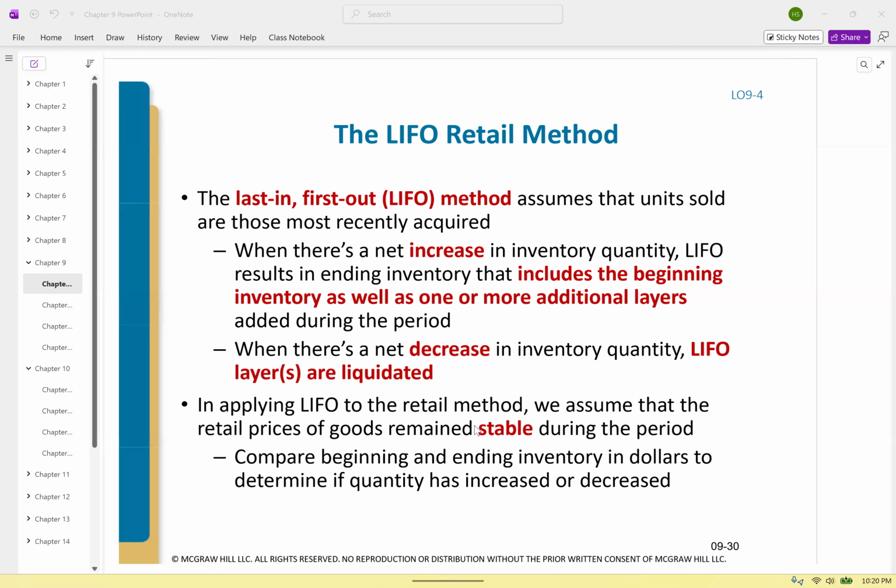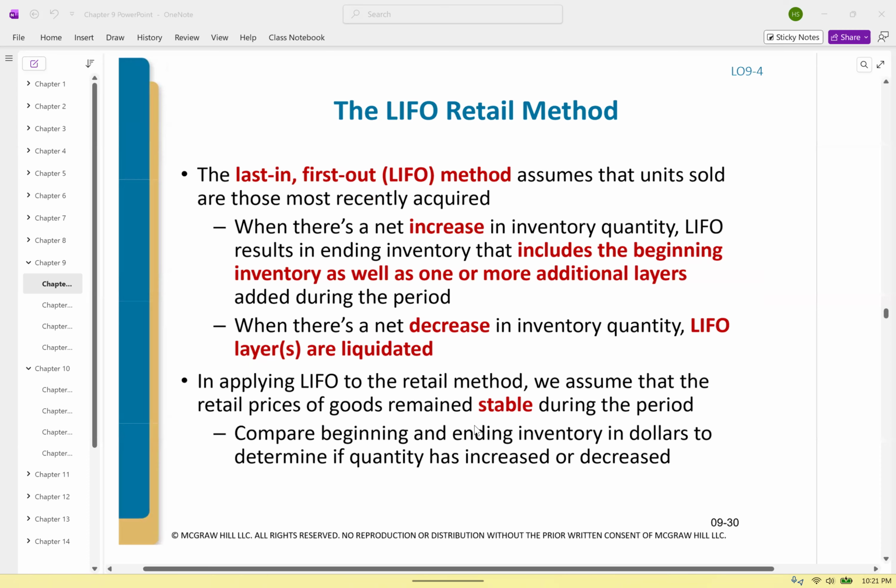All right. LIFO, remember, means last in, first out. When there's an increase in the inventory quantity, LIFO results in the ending inventory that will include a beginning layer, and then it'll have another layer. Remember, we did dollar value LIFO back in the previous chapter at the end of intermediate one. It's very similar to that.